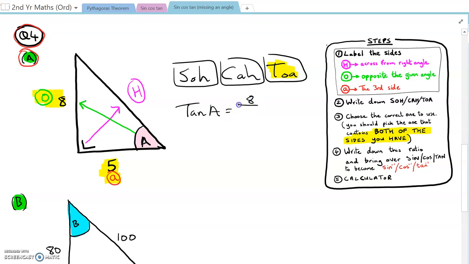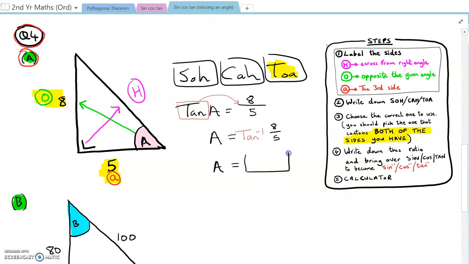It's 8. What's A? It's 5. So that means A is equal to, remember what we have to do now, we bring this tan over to the other side and it'll change to tan inverse, of 8 over 5. And now I have to type this into my calculator.